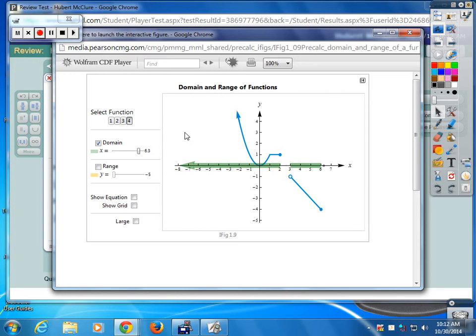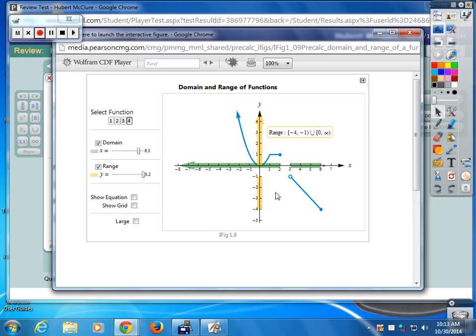So parenthesis, bracket, parenthesis, bracket. Range: it starts right there, -4 to 1, parenthesis, and then from 0 to infinity.